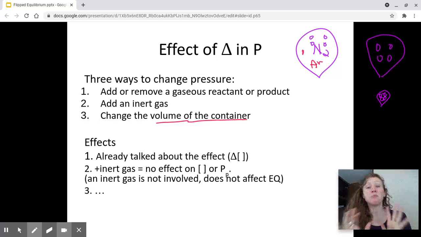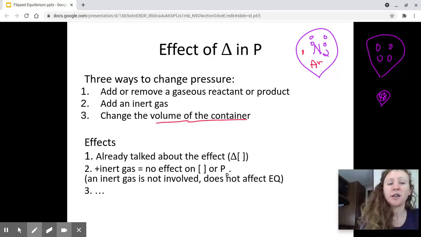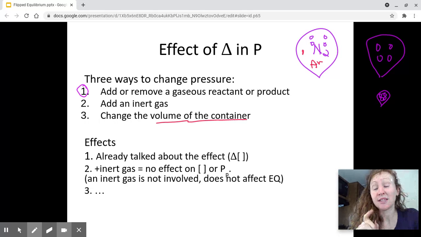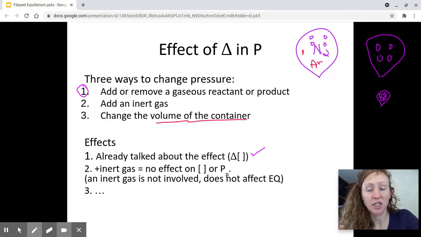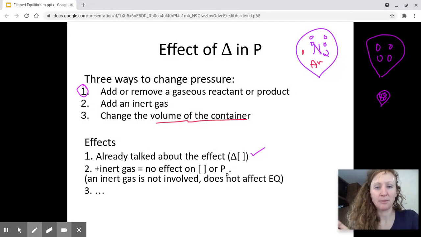So we can mess with pressure a couple different ways. First of all, let's look at these one by one. If we're adding or removing reactants or products, that's the same as what we were just looking at on the last slide. It's just like changing concentration. So we have already talked about the effect of changing concentration. It's going to be the same.